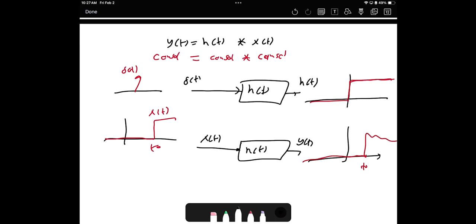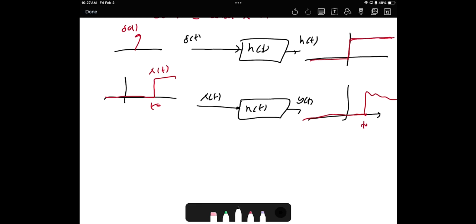It will not depend on the future. So if everything is 0, it will be 0. Yes? Does x of t also have to be causal? Yes, if x of t is causal and h of t is causal, then the output will be causal. Now, any other question?